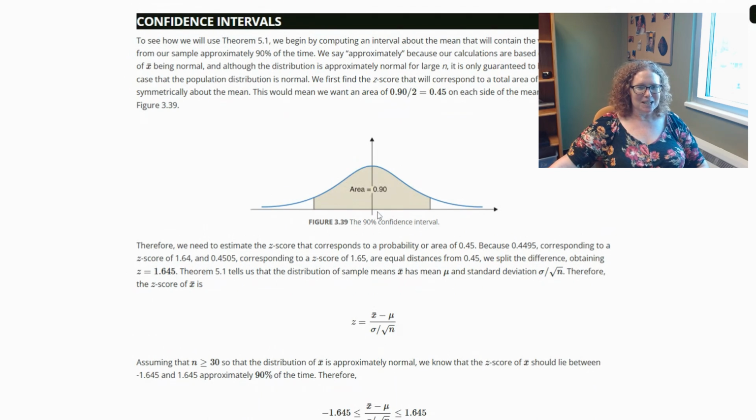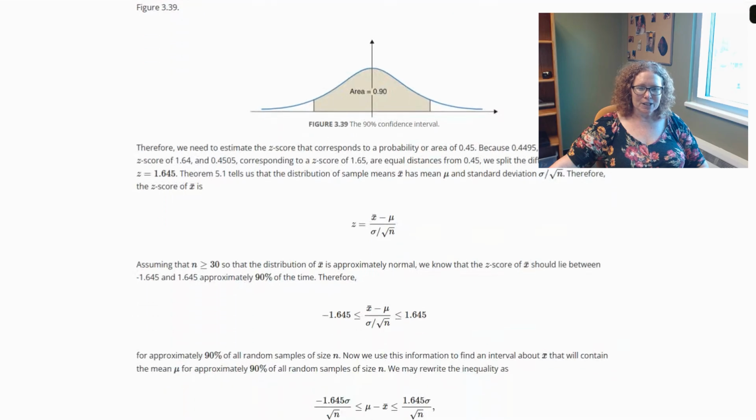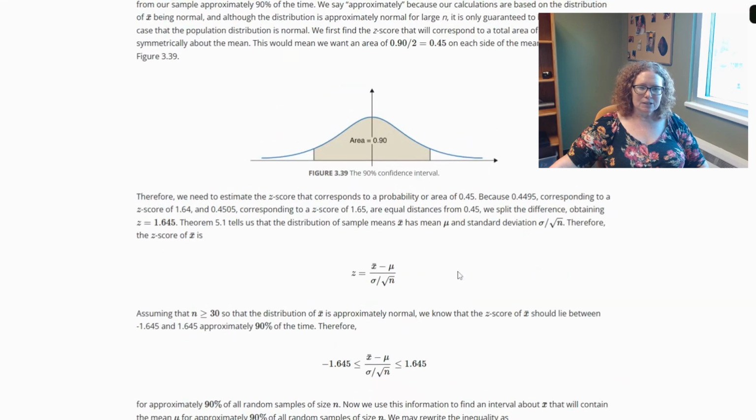If we divide 0.9 by 2, we get 0.45. So we are going to estimate the z-score that corresponds to a probability or area of 0.45. That is that portion.